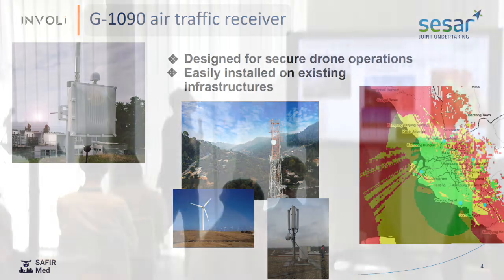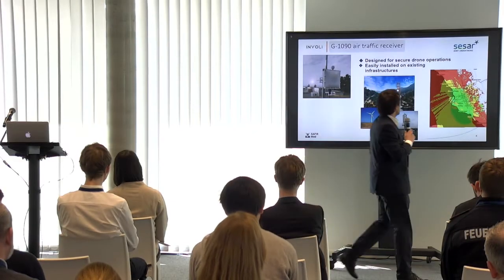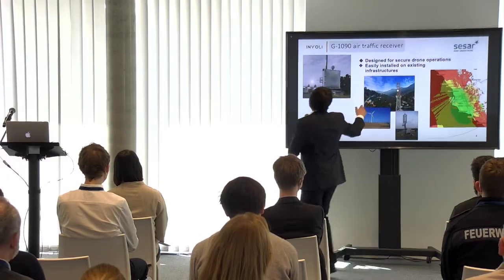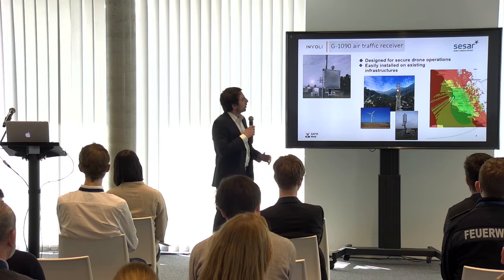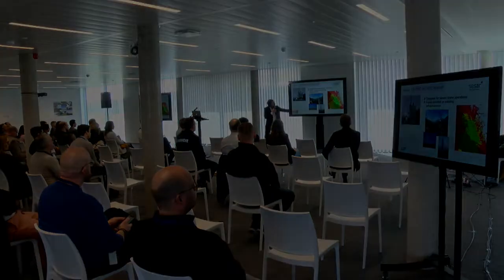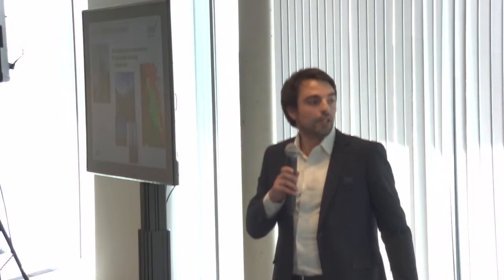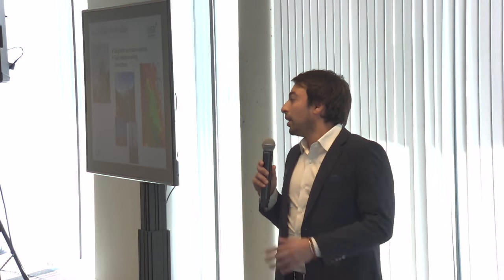We can install it in every type of terrain, like a telecom tower for remote areas. For an urban environment like here, for instance, we have installed it on roof antennas. And we can also install it in other, less usual places, like wind farm installations.